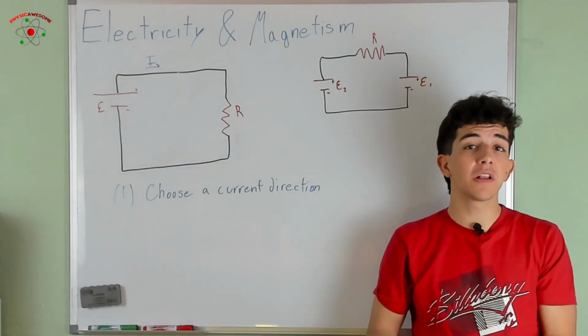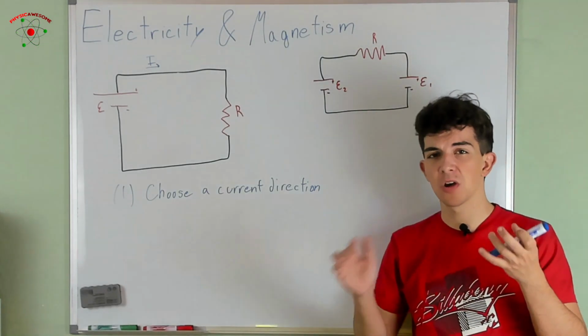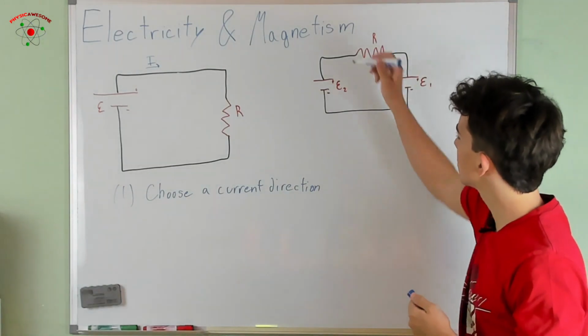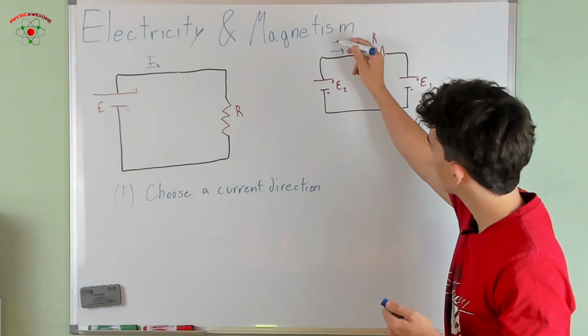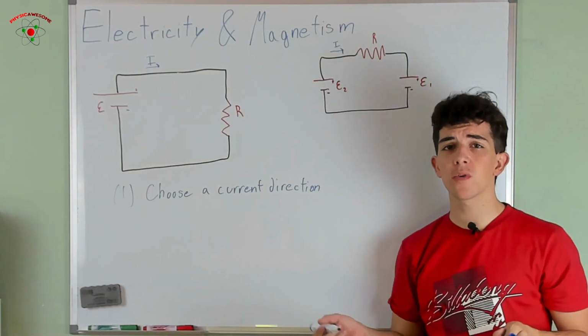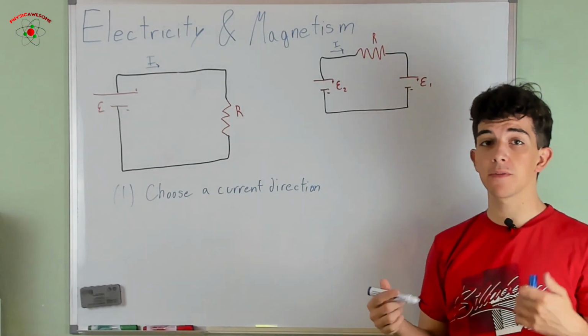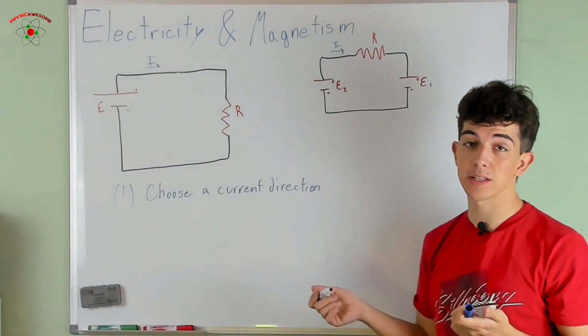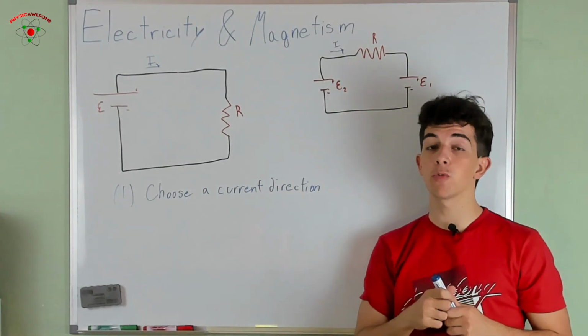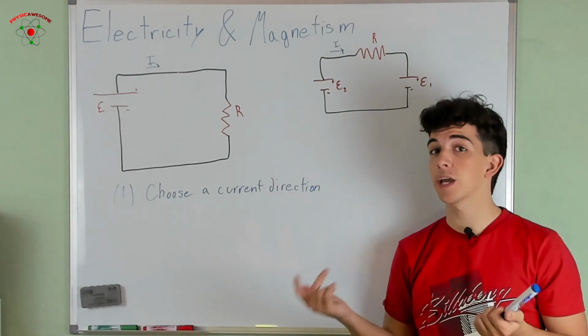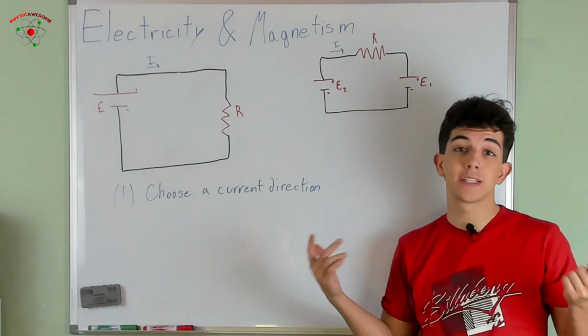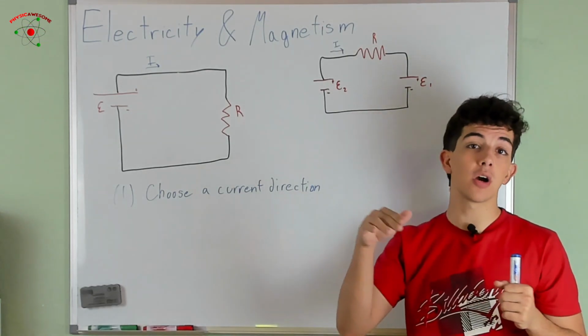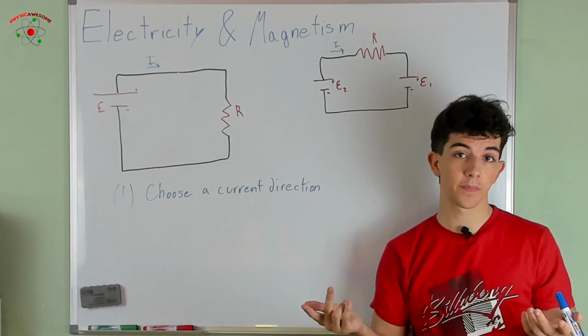So in general, we just choose one direction, more or less by intuition, and then we carry out all of our calculations. If in the end this current ends up being positive, that means that we chose the correct direction. If we get a negative value for the current, it simply means that the current is going in the opposite direction than the one we set.